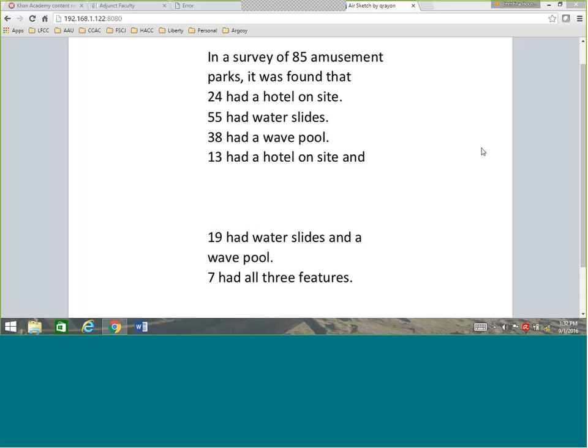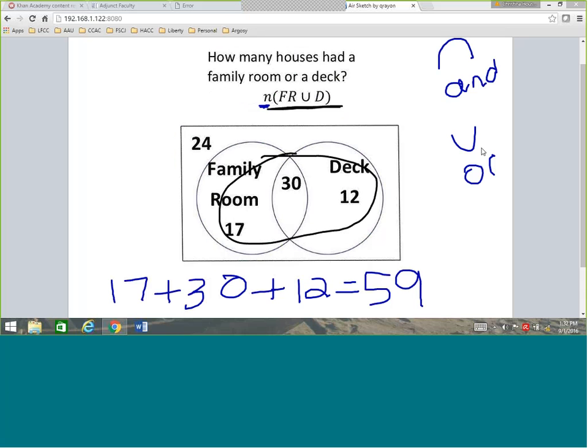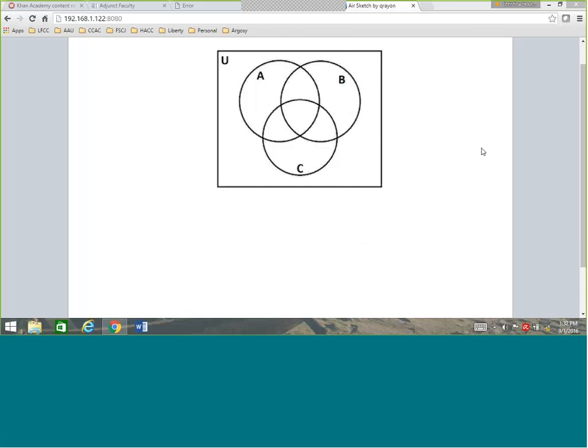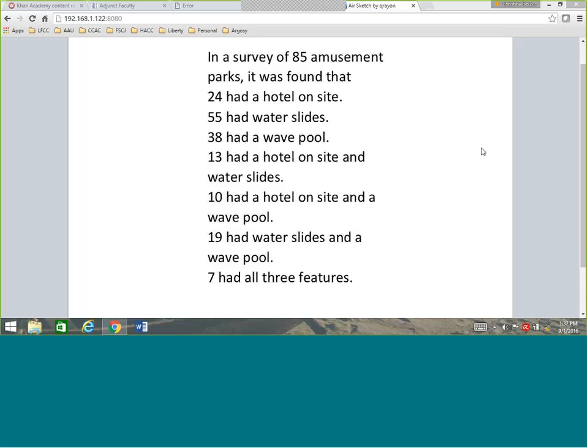Like in the previous problem, the number 59 was not actually in the problem. We had to add these numbers to get to the number 59, and the number 12 wasn't in the problem. So when we fill in the diagram, we're actually going to have to use some numbers that are not listed here, because we're going to be doing the same type of subtraction that we did before.